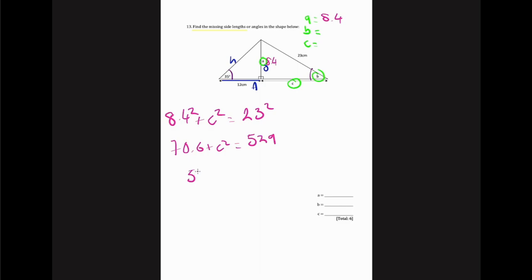Then 529 minus 70.6 equals 458.4. Then square root of 458.4 equals, put it in the calculator, 21.4. So C equals 21.4.